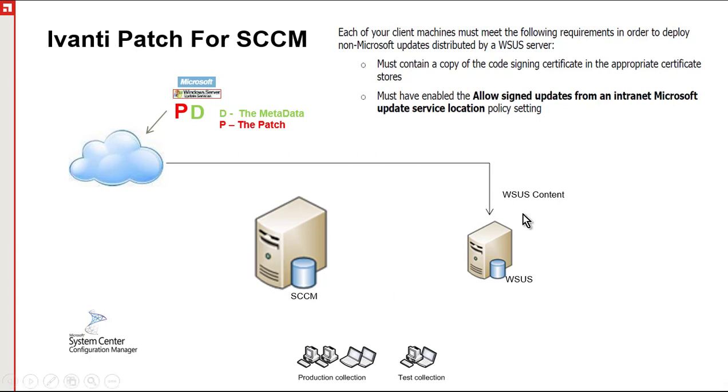That's a file folder in your environment. At the same time, the metadata, the detection and deployment logic, is driven into the WSUS database, which is a SQL Server database. And it inserts it into a row: KB 1, 2, 3, 4, 5, .NET update, and information about that.